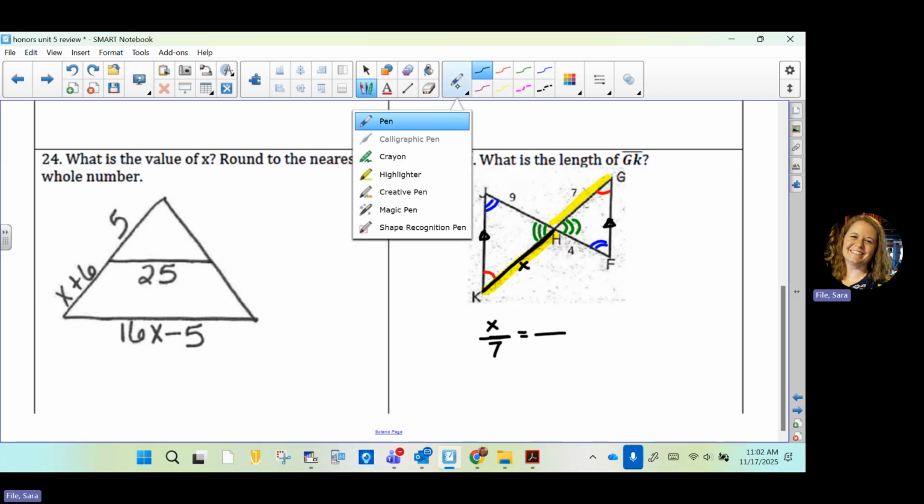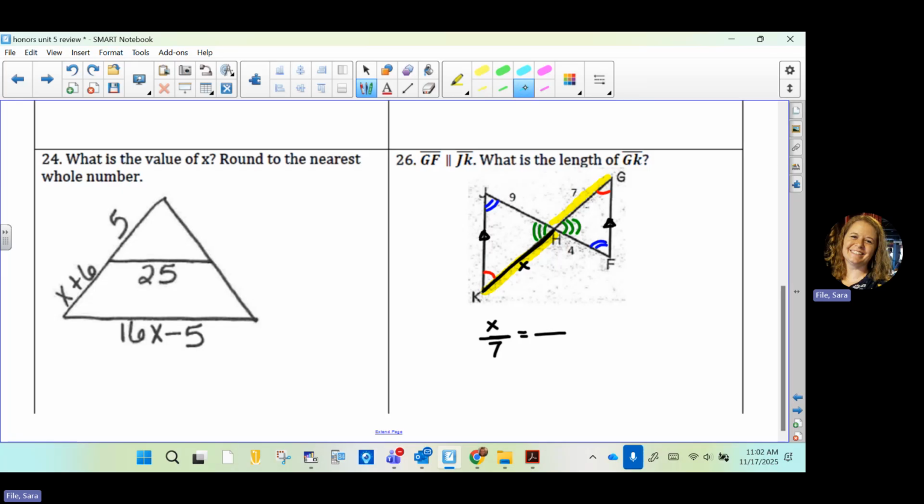And then I could do the same thing and look at what corresponds. The 4 here and the 9 here correspond because they're between the blue and the green. Now, which one should go on top, the 4 or the 9? I did X on top of this left triangle, so I need to be consistent. I needed to do the 9 on top.